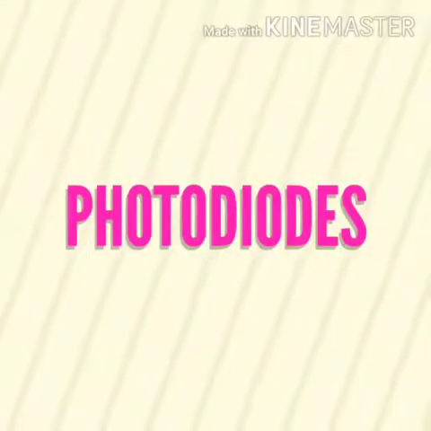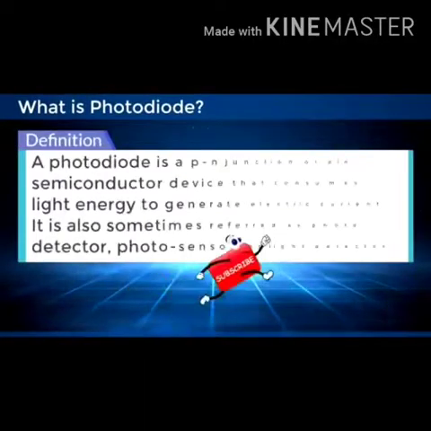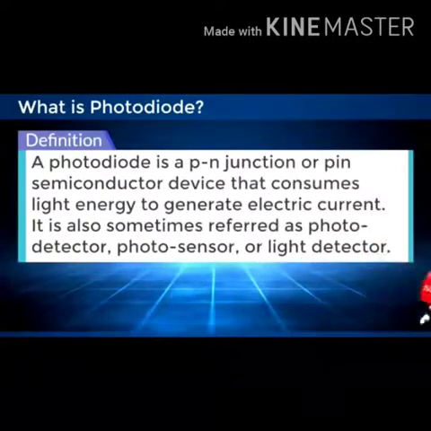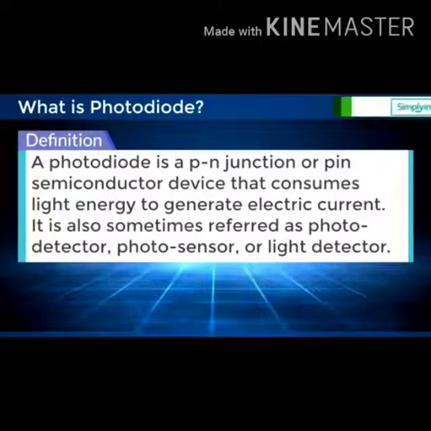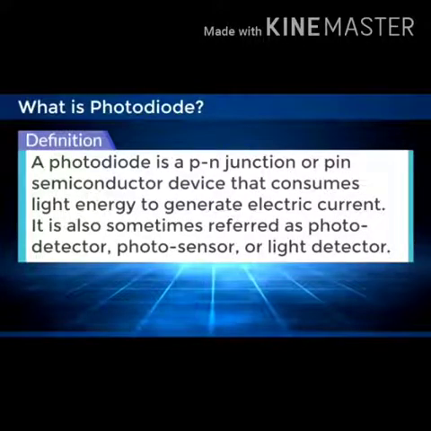The second one, photodiode. What is a photodiode? A photodiode is a PN junction or PIN semiconductor device that consumes light energy to generate electric current. It is also sometimes referred to as a photodetector, photosensor or light detector.